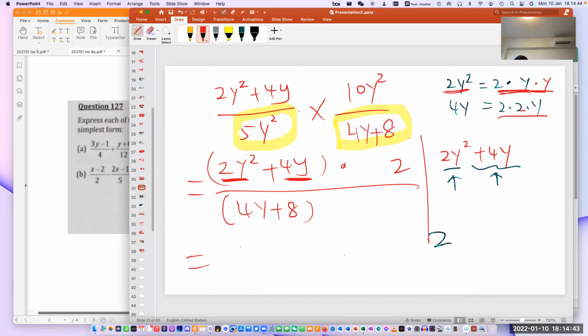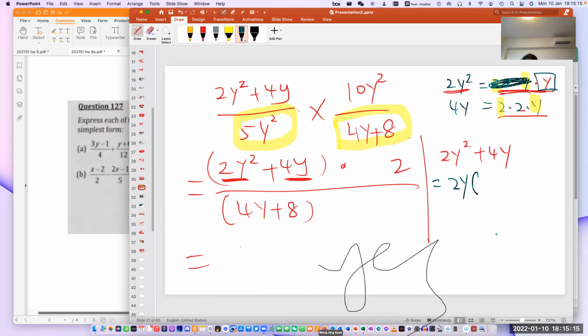So when you see what is common, they both have a 2, they both have a y. Since they both have 2 and y, what you can do is take it out. Can you see that you take out the 2y? From this 2y squared, can you see that you are left with y? Are you okay? Can I continue? Okay, good.